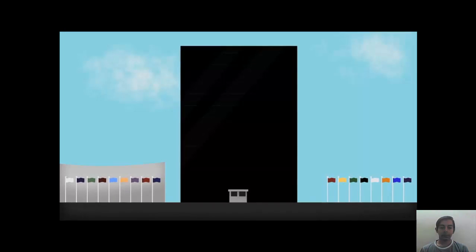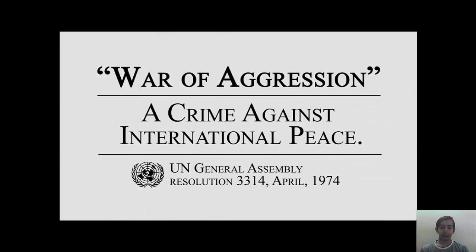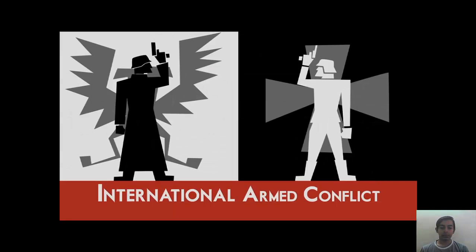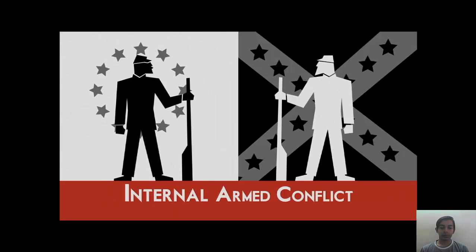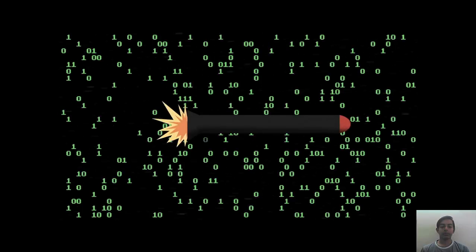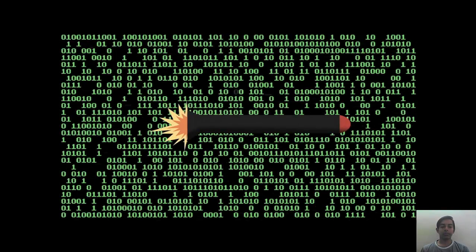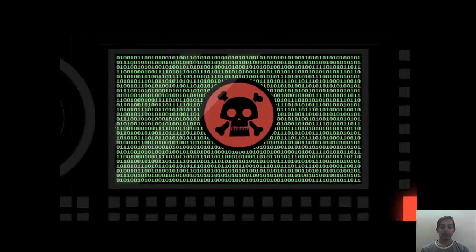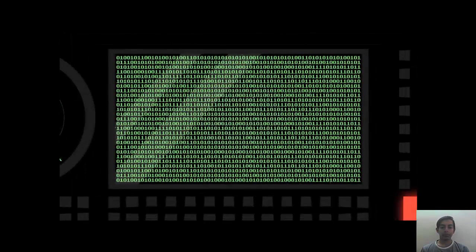Since the establishment of the United Nations, wars of aggression have been outlawed, and multilateral conventions refer to armed conflict instead of war. But the wars of the future won't be like the wars of our past. Alongside traditional warfare, our future will include cyber warfare, remotely fighting our enemies through the use of a new class of weapons, including computer viruses and programs to alter the enemy's ability to operate.